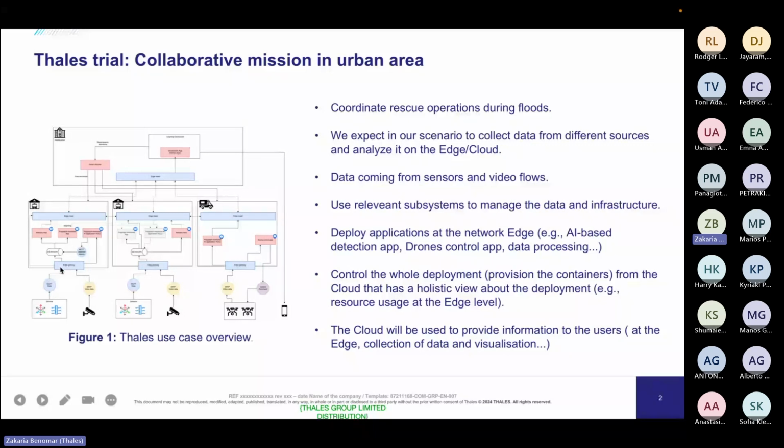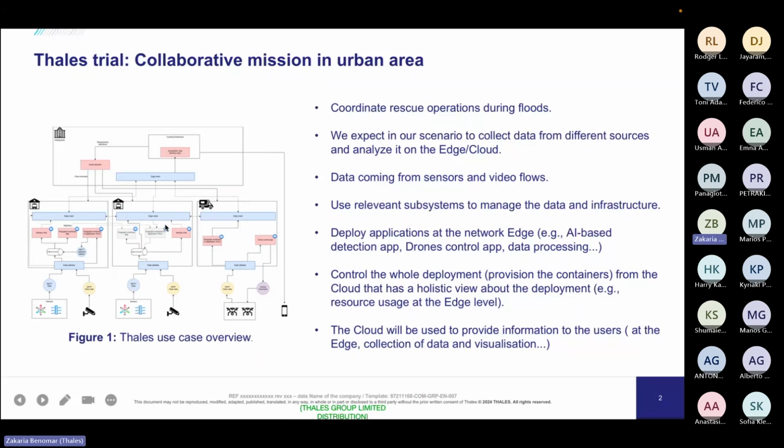We also expect to manage a set of drones that are moving in a specific area, and to process the data coming from sensors to analyze if there is any risk of a flood event.